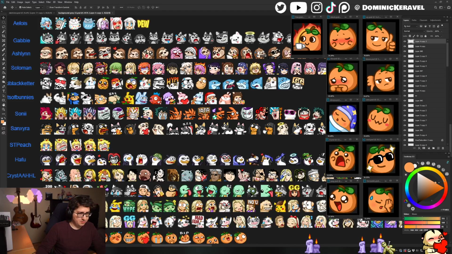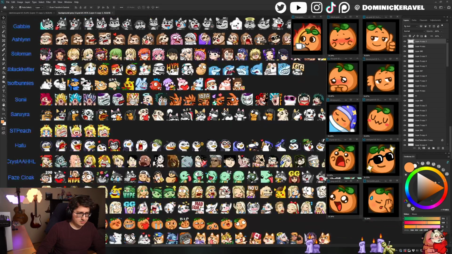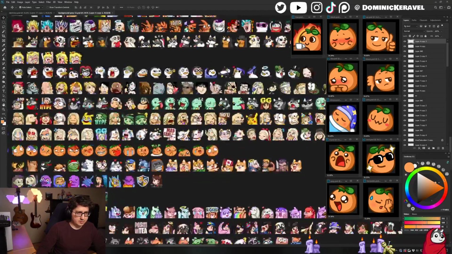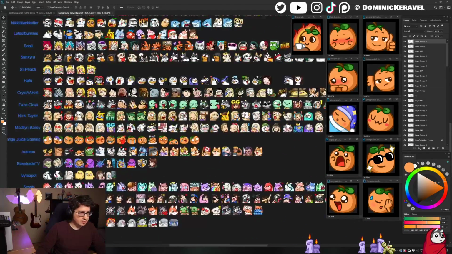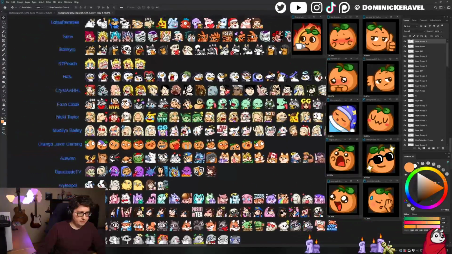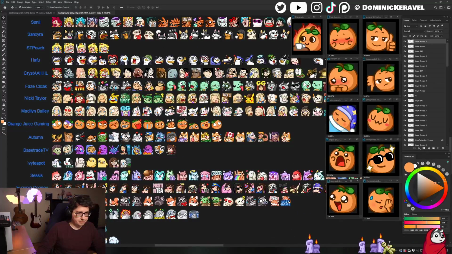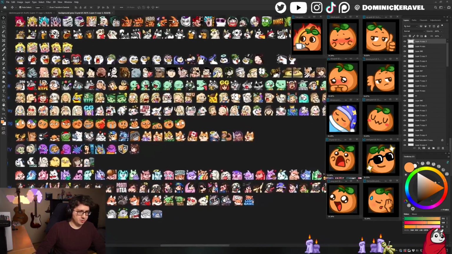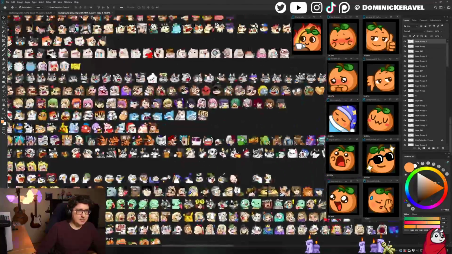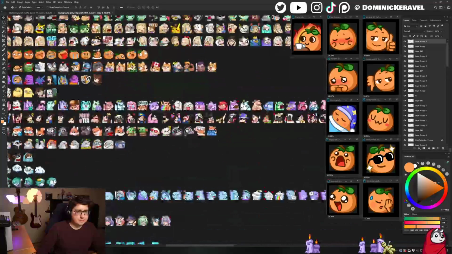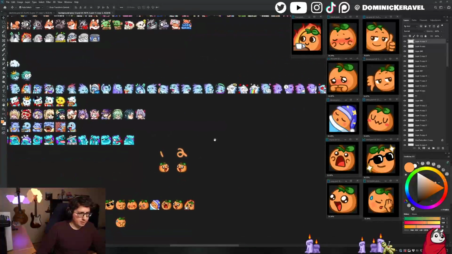It would have to be something very specific that nobody is likely to need, because all of these expressions are based on emojis, and these expressions will be reused for sure on most of my clients. Yeah, I guess it's case by case.